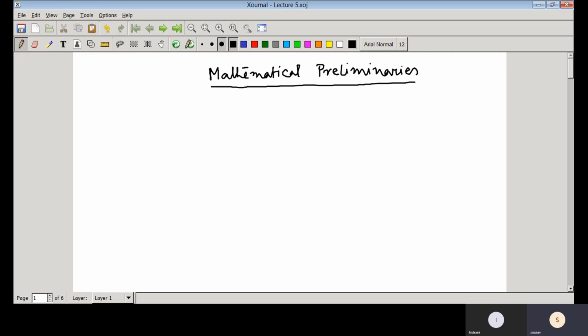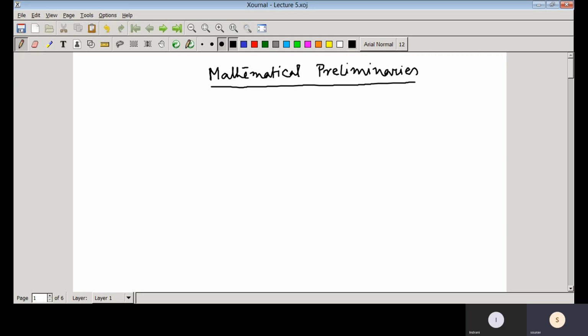Today we discuss the function of a complex variable, then analytic function, pole and zero of a function. I'll be giving you all the formal definitions of these functions.